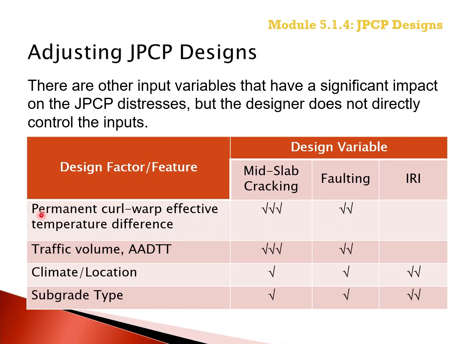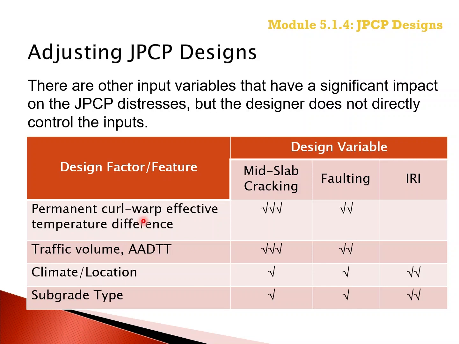In addition, sometimes nighttime versus daytime construction practices can also reduce the permanent curl warp effective temperature difference. This was discussed earlier within this module, as well as within the module 4.4.1 on the material property inputs for concrete pavements.